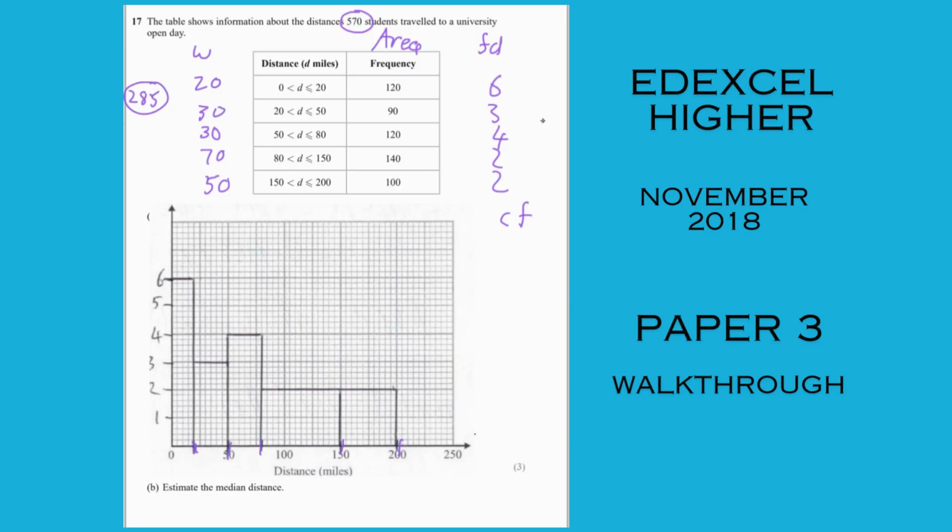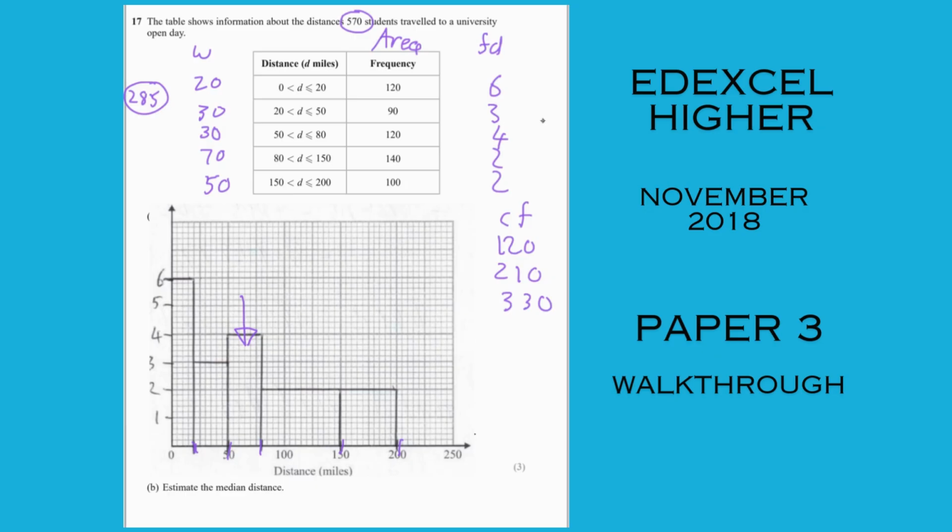What group, what bar are they in? So up to the end of the first group is 120. We add on 90, so there's 210. We add on 120, we get 330. So our median is in that bar there.